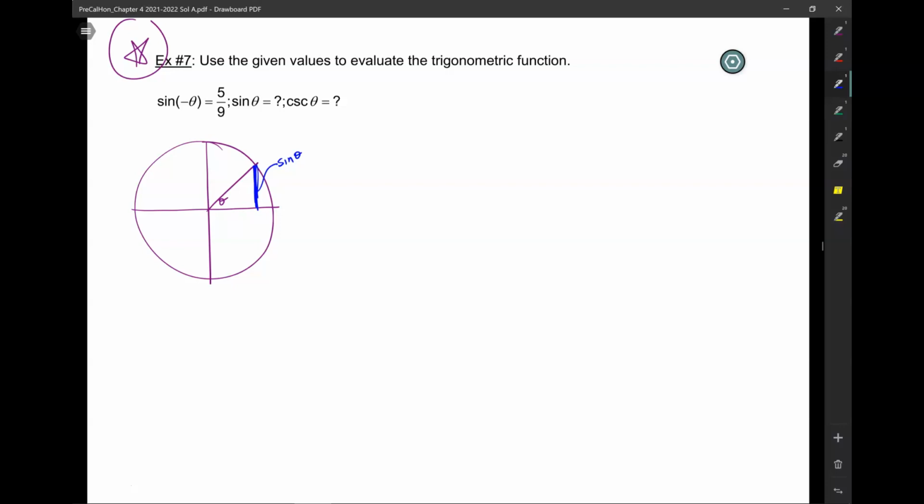If that's theta, where's negative theta? If I start here, it's this way, right? Because to draw a negative angle, I go this way, down. So negative theta is down here.